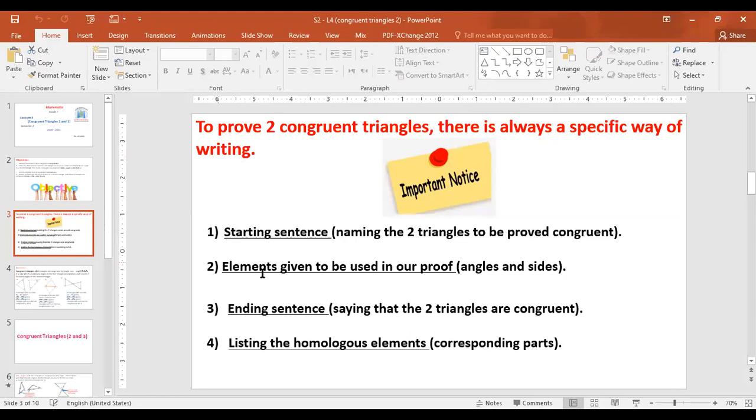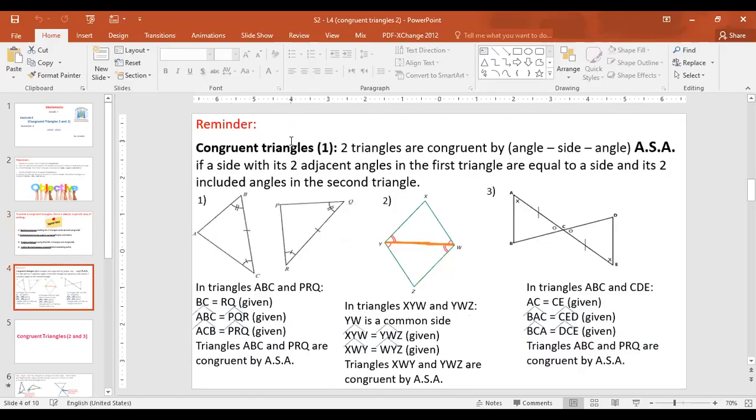Number 2, elements given to be used in our proof, angles and sides. Number 3, ending sentence: say that the two triangles are congruent. Number 4, listing the homologous elements, corresponding parts.